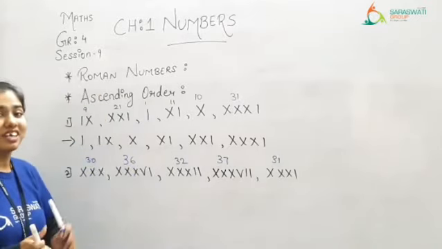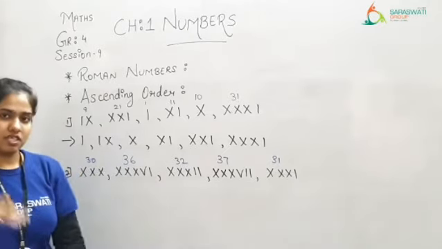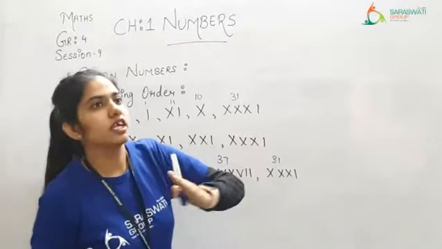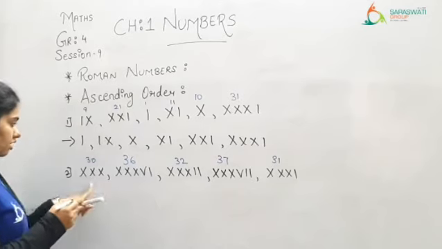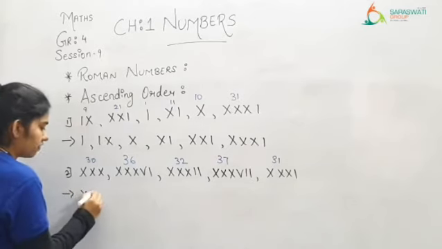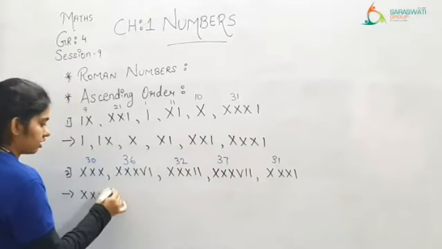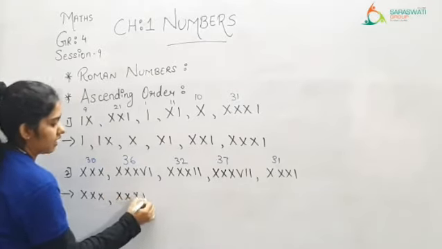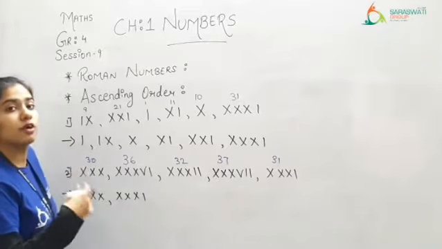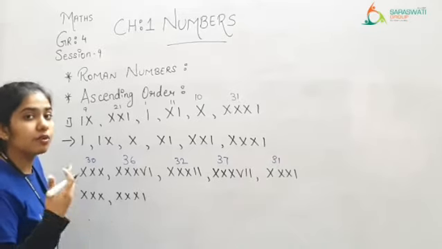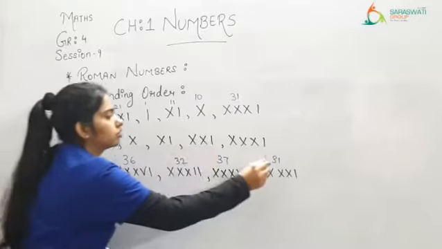Now it will be easy to arrange in ascending order. Smallest to the biggest. Ascending means we go from the smallest number to the biggest number. So the smallest number is over here, 30. So first we will write XXX. Then after that, 31. So 3 times X and I. And students, when you do ascending order, the numbers which have already been used, cut that number.